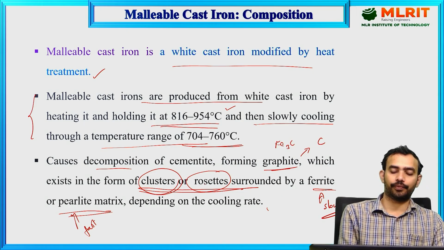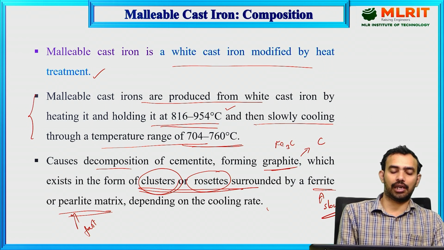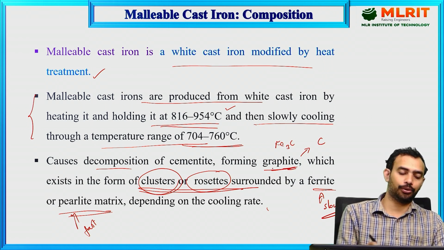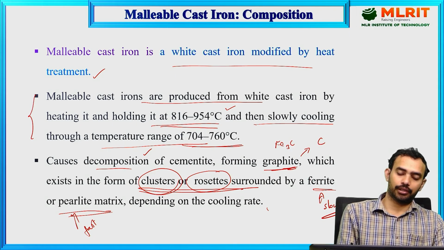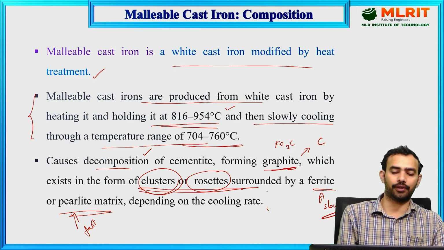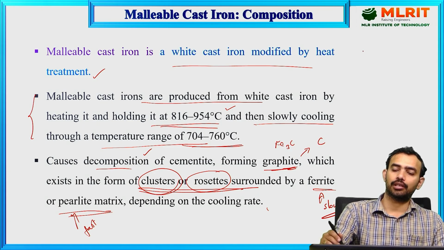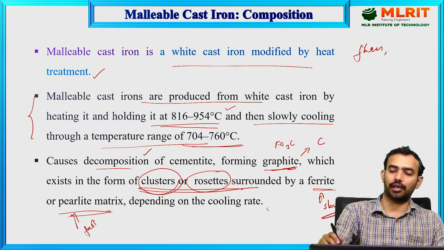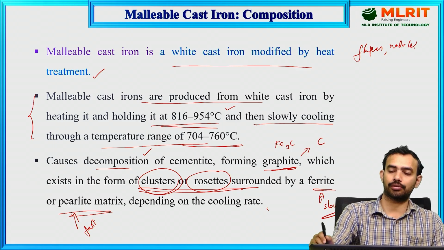So in malleable cast iron, graphite is coming back through the decomposition of cementite, Fe3C iron carbide, and it is present in the form of clusters or rosettes. We have observed graphite in gray cast iron as flakes, and in ductile cast iron as spheroidal nodules.